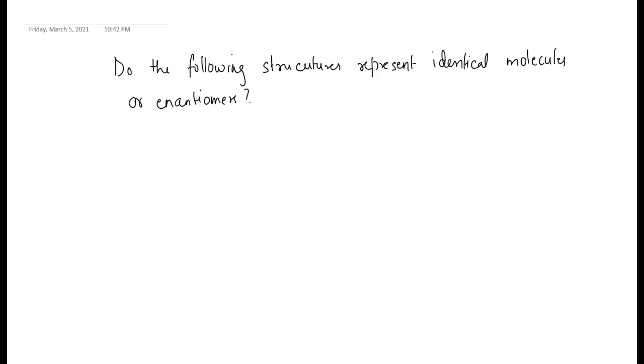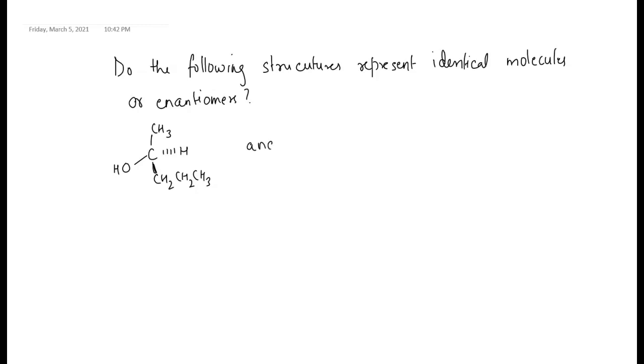Okay, so I'm going to give you an example here. We have a carbon with a CH3. These are simple examples so that you can understand the concept. And then we can put a CH2, CH3, and then a hydrogen here.